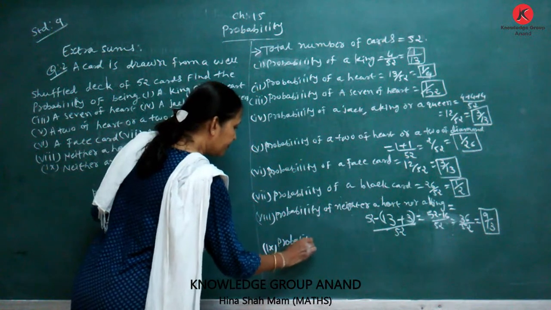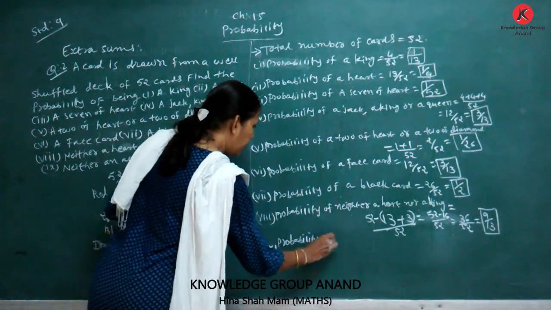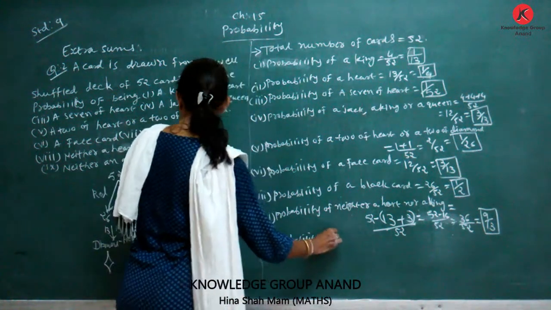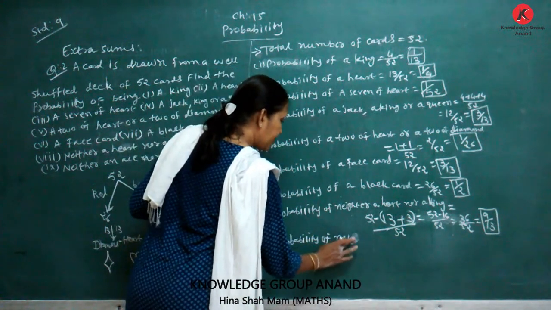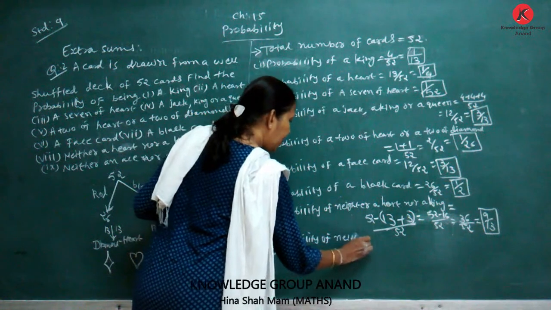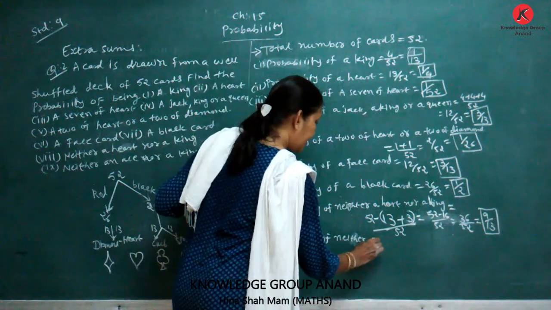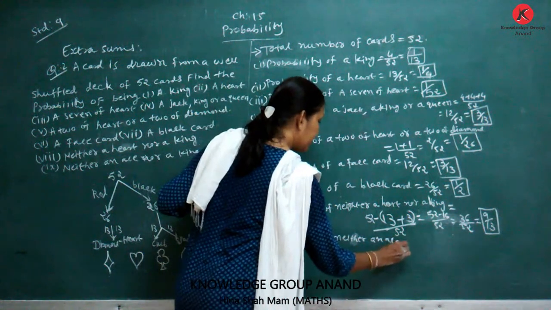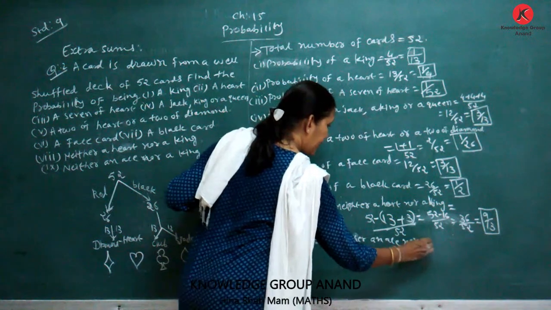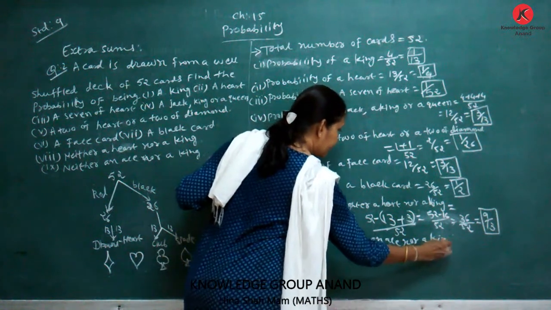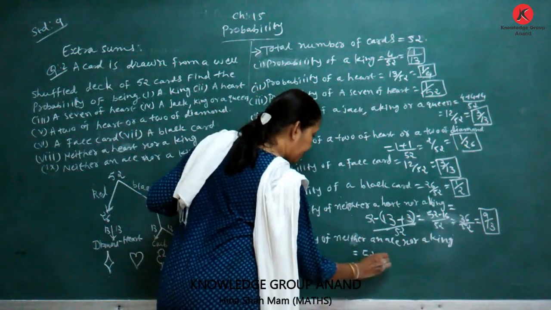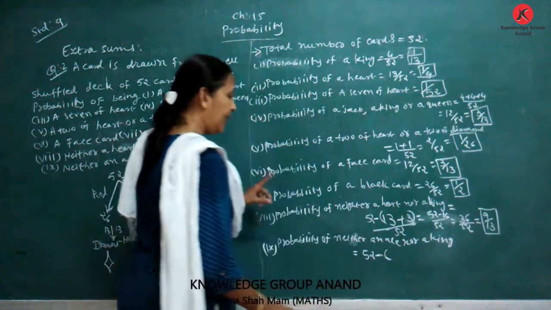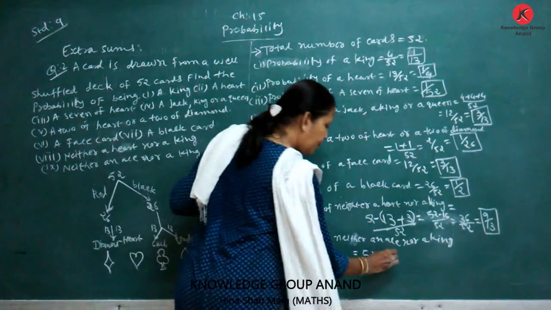Probability of neither an ace nor a king is equal to: neither, that means remove from all. 52 minus an ace, how many? 4.